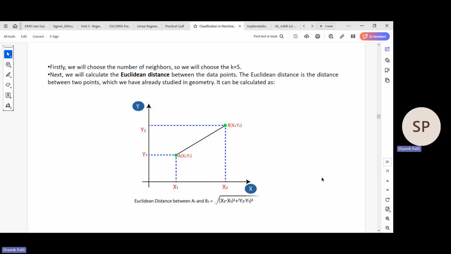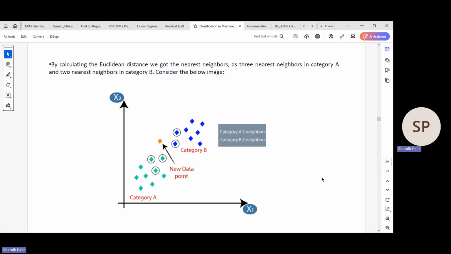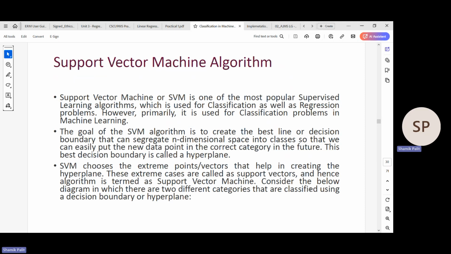This is one of the measuring parameters, and based on that, we can decide whether a specific data point belongs to category A or category B. Ultimately the new data point will belong to a specific category based on the nearest neighbor. For A, the nearest neighbor count is 3, and for B, the nearest neighbor count is 2. Based on that, we can put the point in a specific cluster.